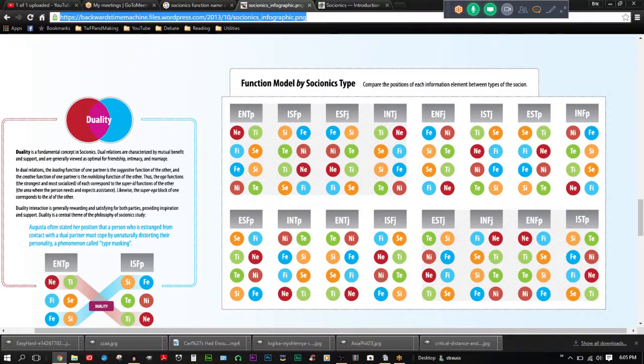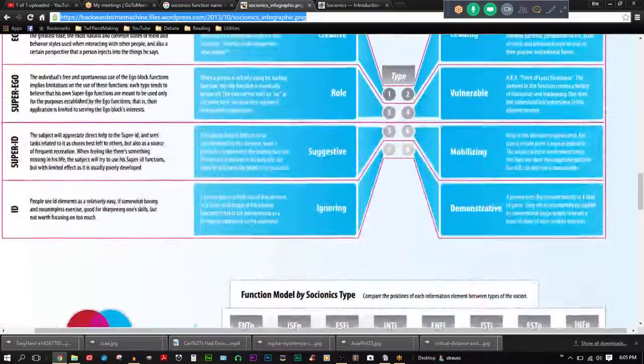So, okay, now we know 1 and 2 are the same. 3 and 4 correspond to 8 and 7. 5 and 6 correspond to 3 and 4, and 7 and 8 correspond to 5 and 6. Is that incredibly confusing? Absolutely. But the reason it's that way is because of this ego block thing.